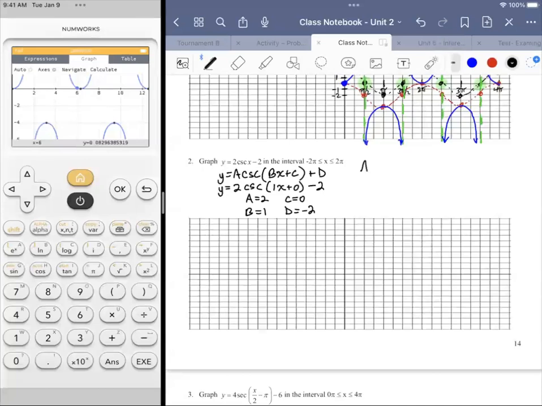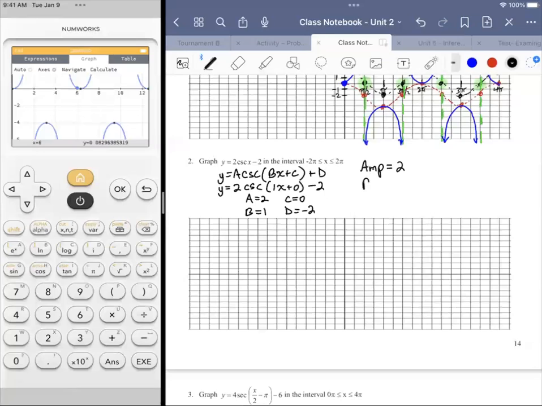All right, so the amplitude is going to be 2. The period we get from the b value, again, same deal as before. We use the b value to help us determine what the period is.